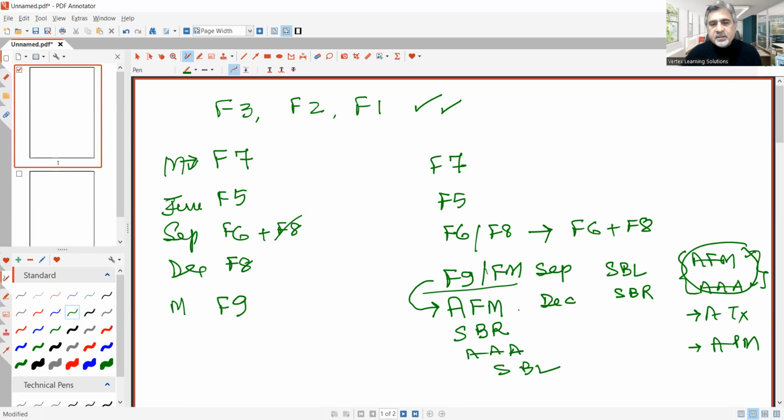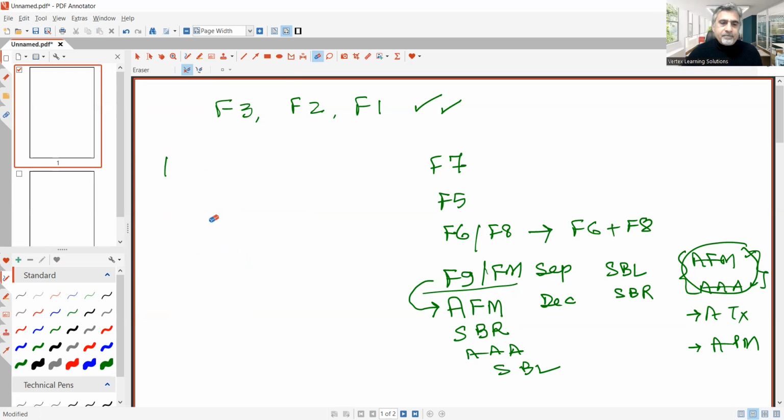So coming back, if I make a conclusion to all of this in a very short way, let's put it neatly together. Ideally speaking, F7, then F5, then F6 plus F8, or F6 or F8.